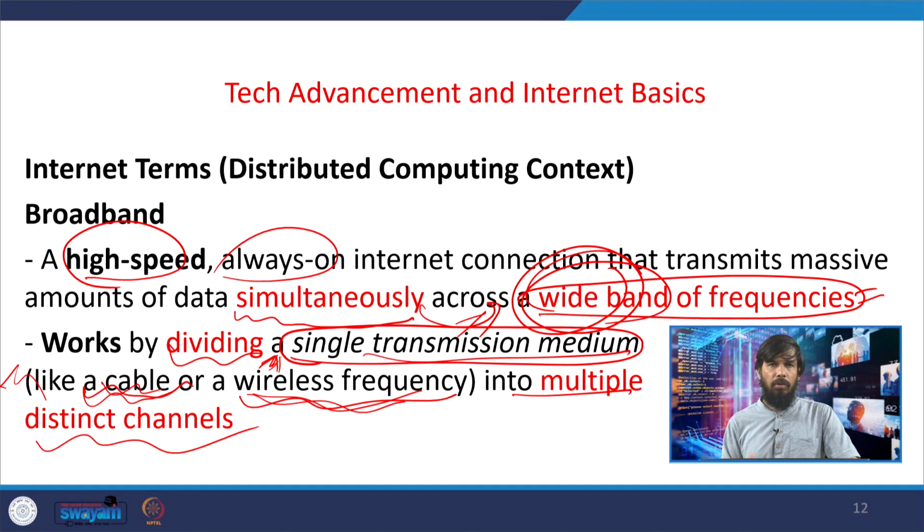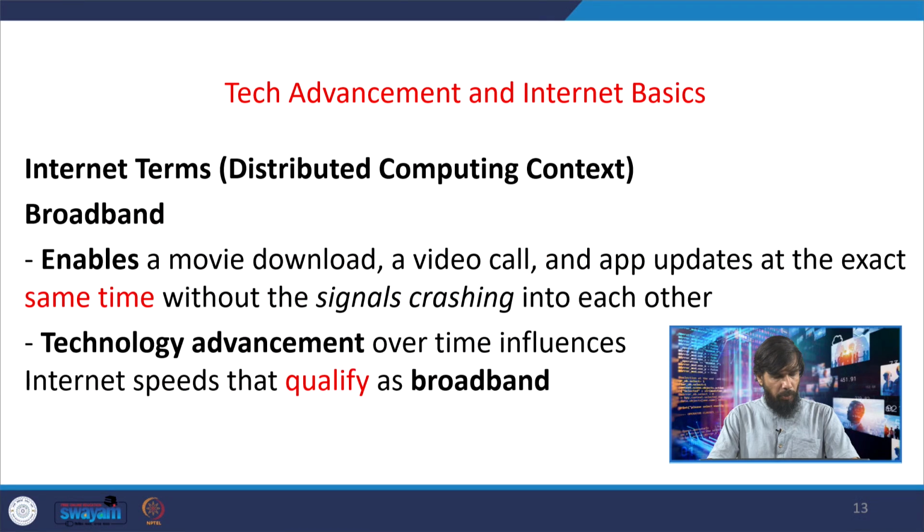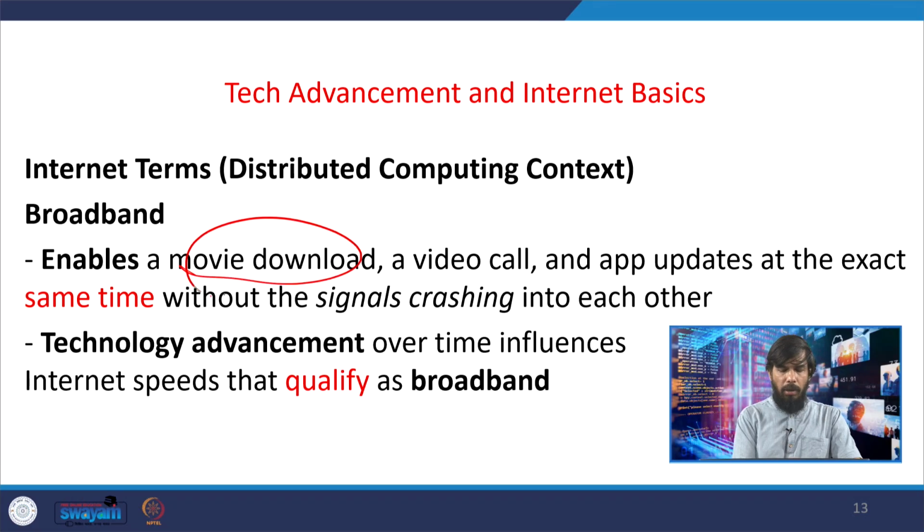End users can actually run multiple applications which are all receiving data from the internet, web applications or internet applications, right. So, this is the main role of broadband. The overall benefit of broadband is that it enables a movie download, a video call, or an app update.